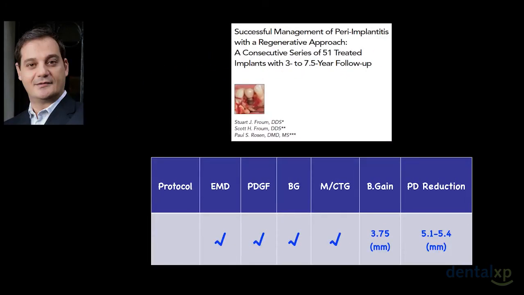So that brings us to the study of Froum and Rosen, and they had a follow-up of 2 to 7.5 years. In their protocol they did a flap around the implants and used almost everything possible in our hands. And again, the assessment was based on pocket depth reduction.